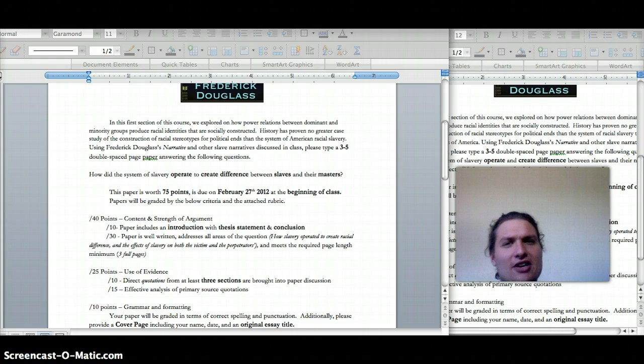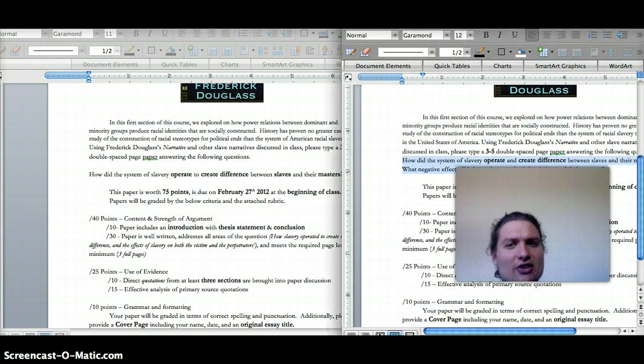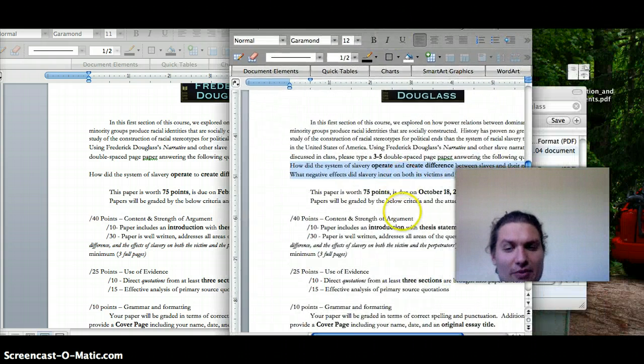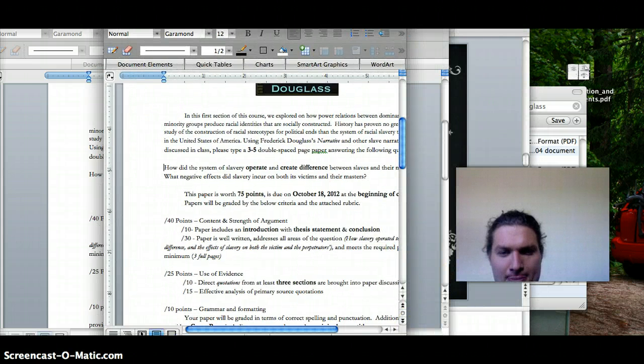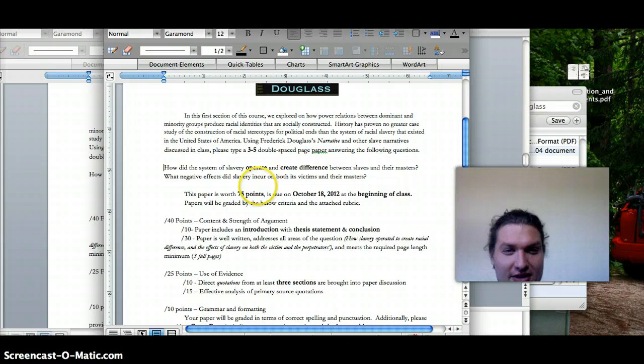So I'm going to email you an updated version of the question, and this is essentially what it looked like last semester. I'll email this in the attachment because it's pretty much the same thing. It says, how did the system of slavery operate and create difference between slaves and their masters?